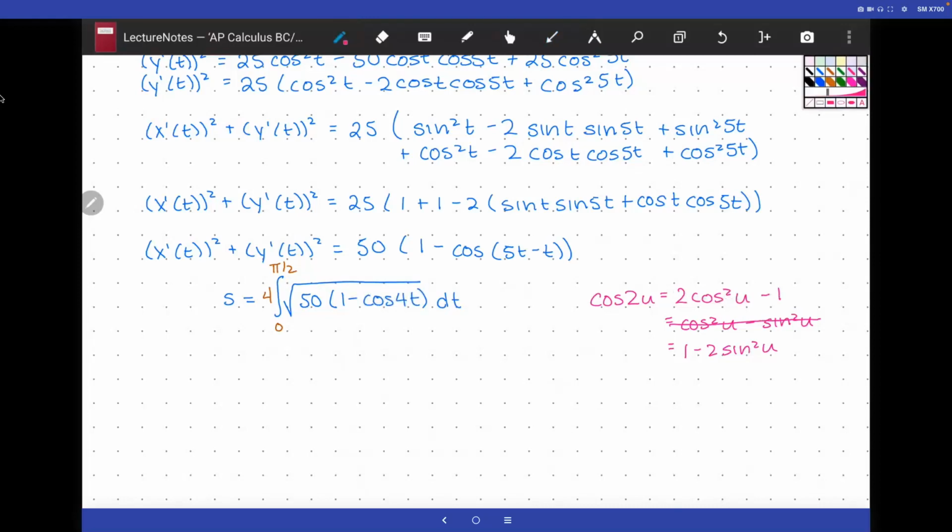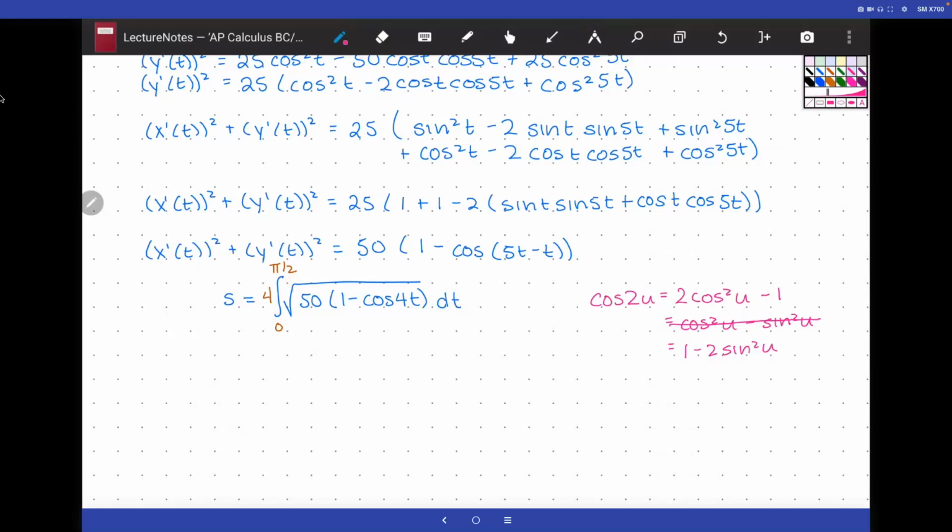So if I were to use the sine squared u, then it's 1 minus 1 plus 2 sine squared u. And then adding 1, you add 2, and then you're still squaring.